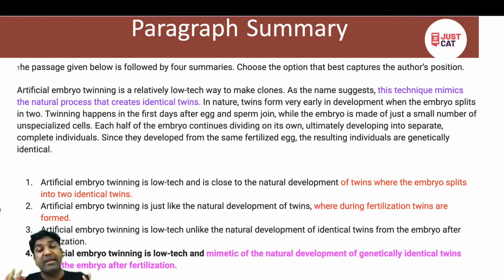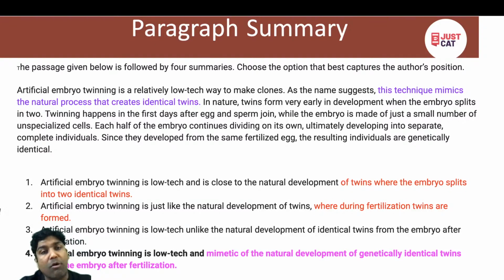So this captures it correctly. It doesn't talk about division of the embryo, but just says it as an overview, that after the fertilization, from the embryo, genetically identical twins, their natural development will happen.